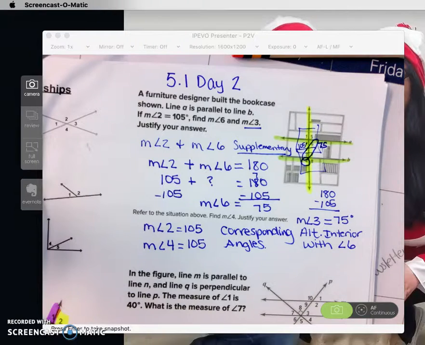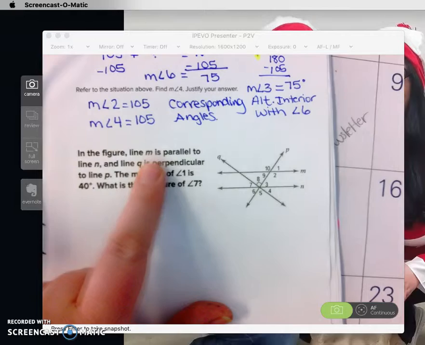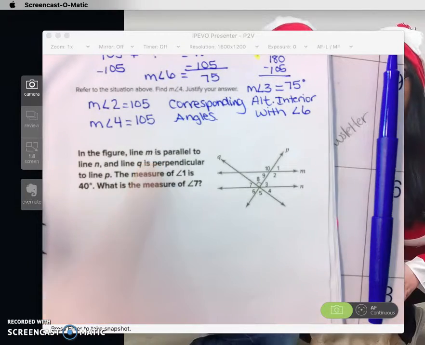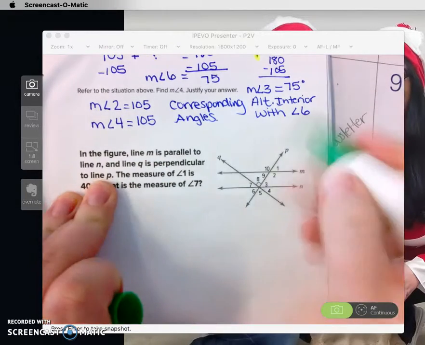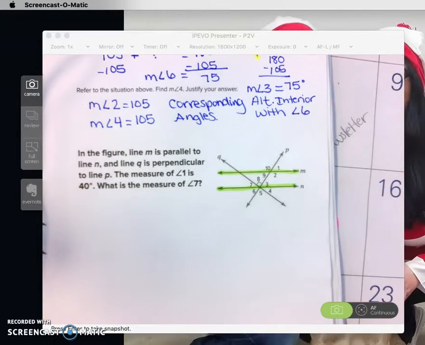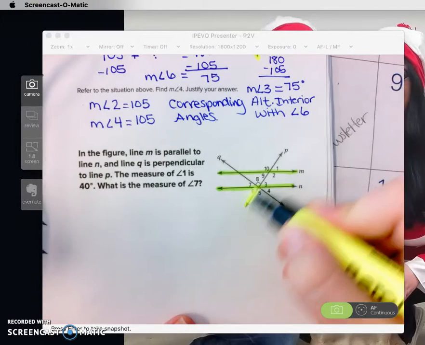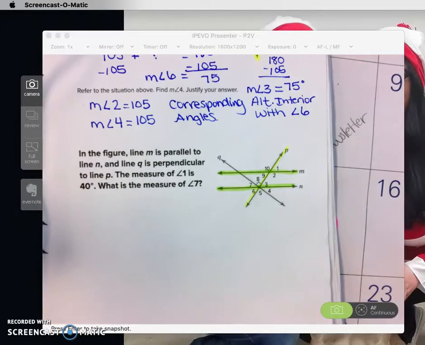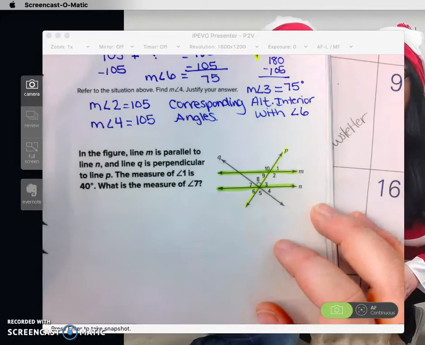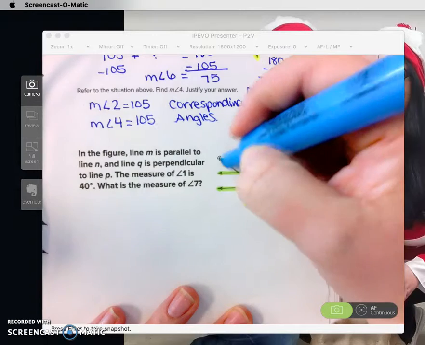Okay? Our next one. In the figure, line M is parallel. So my two parallel lines are M and N. So here and here. Now, I have two transversals. I first have this one here, and this one here.